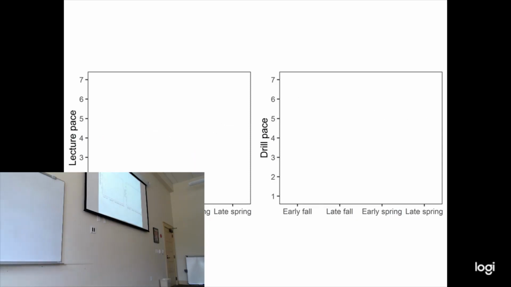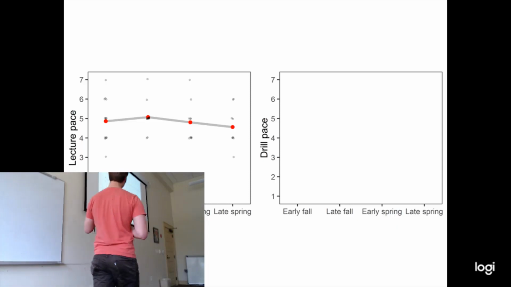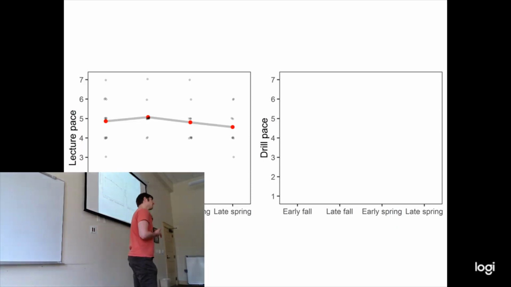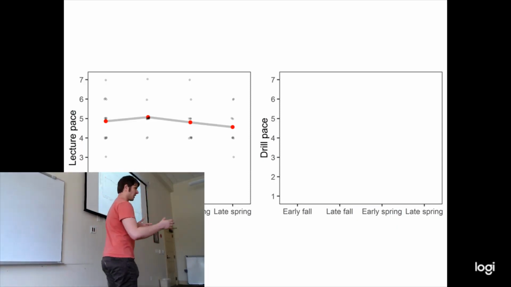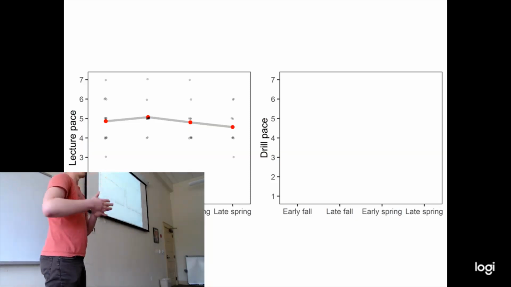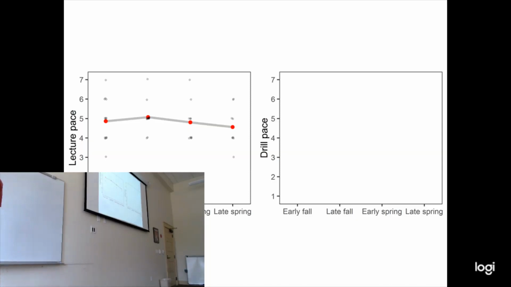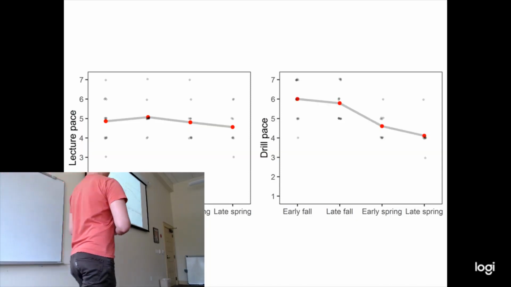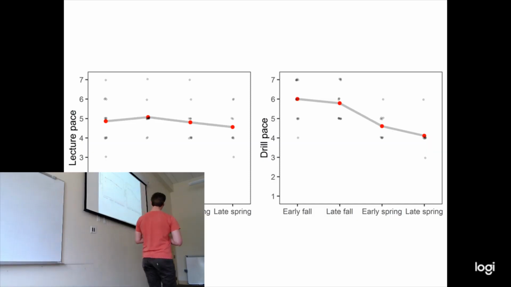In terms of the pacing of lecture and drill, a lot of you are still saying that lecture is a little bit fast, and mentioned this a couple times, but that's somewhat deliberate. The fact that I want to get through a lot of material and also push you a bit. One thing that's quite interesting is the perceived pace of the drill has continued to decline, and this is actually pretty remarkable.